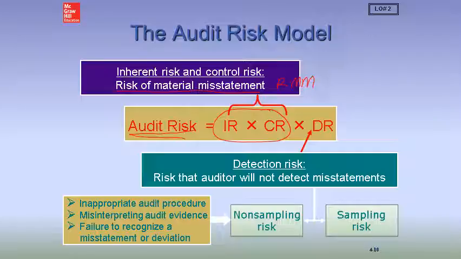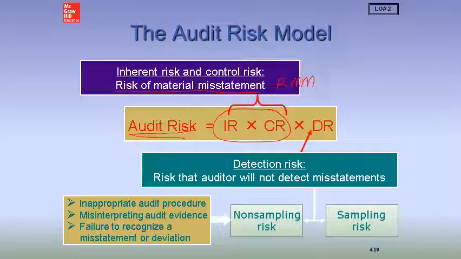So, in trying to make sure that we have detected material misstatements, we will consider the inherent risk. Inherent risk in an account is something that the auditor cannot control. Inherent risk is a combination of the risk associated with the account balance itself, but also remember we consider environmental factors of the entity.